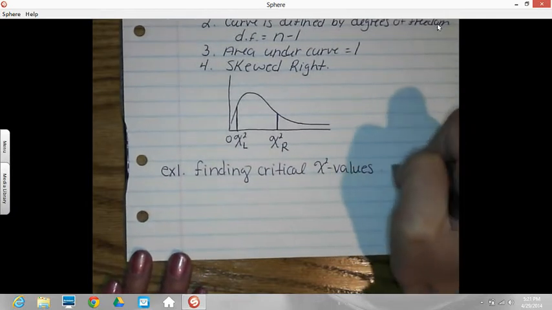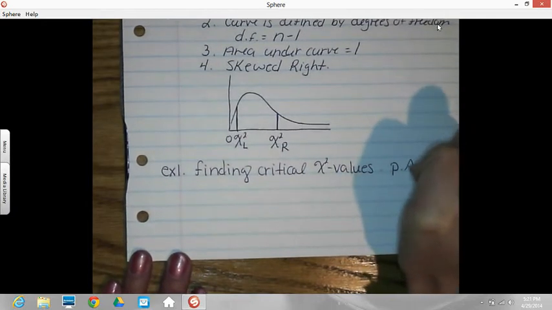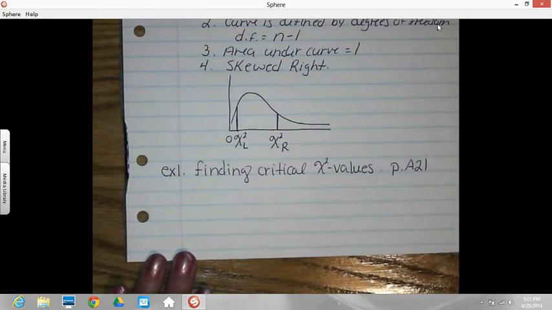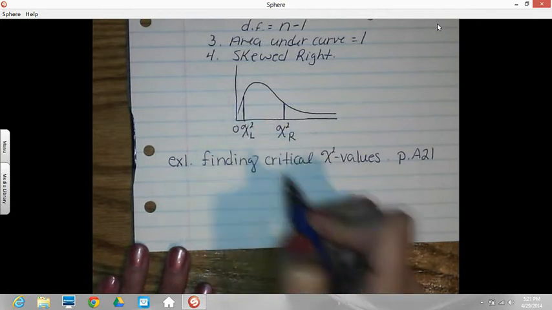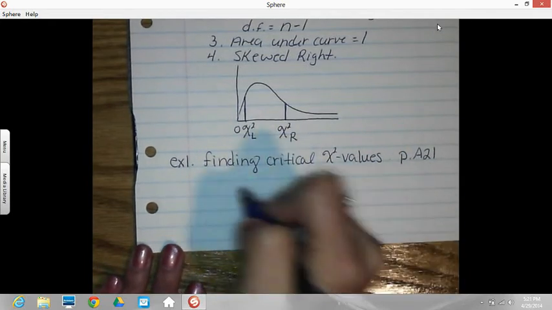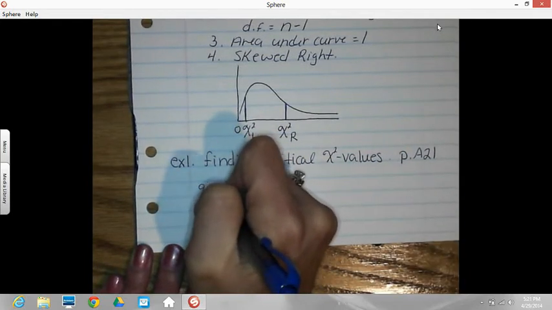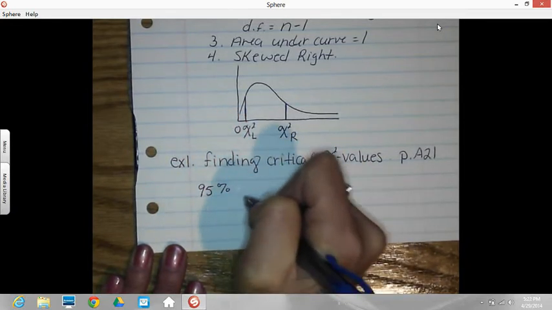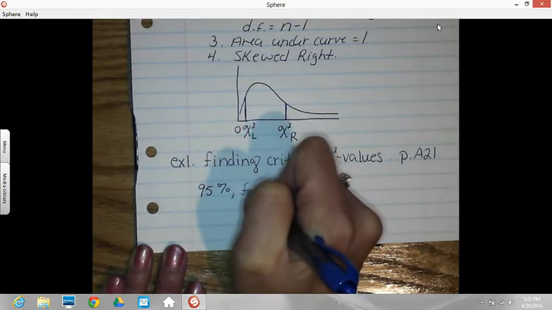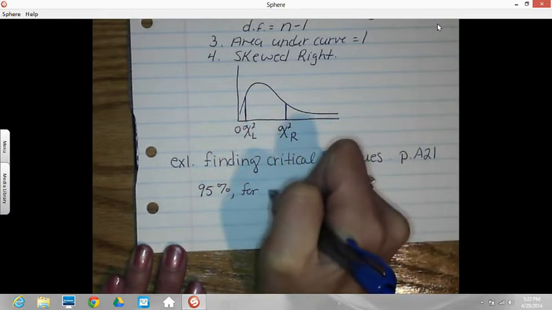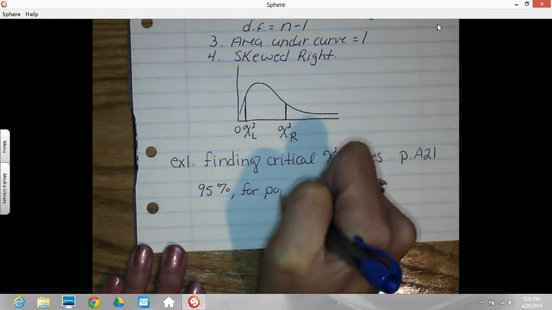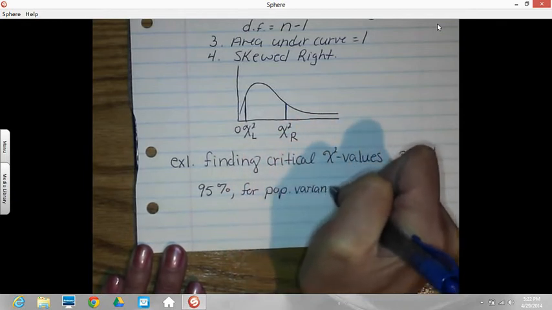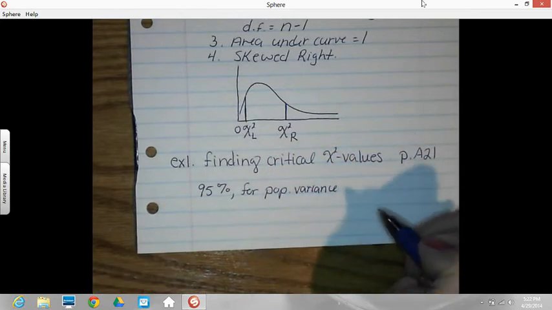It's on page A21 in the back, and we'll go there in a minute. Our first example, let's say we were doing a 95% confidence interval for the population variance, and we had a sample size of 25.